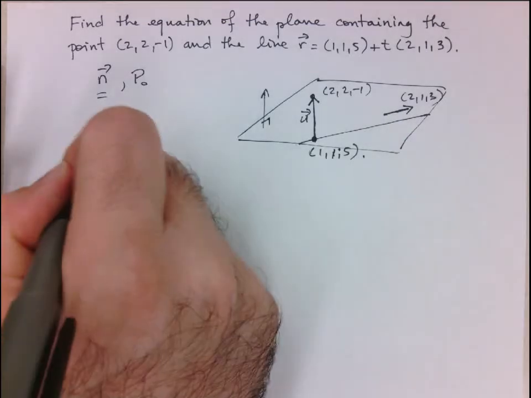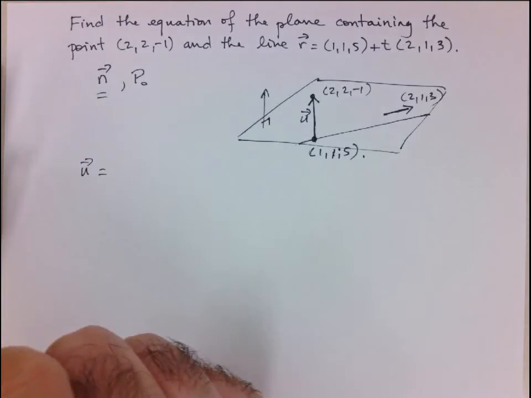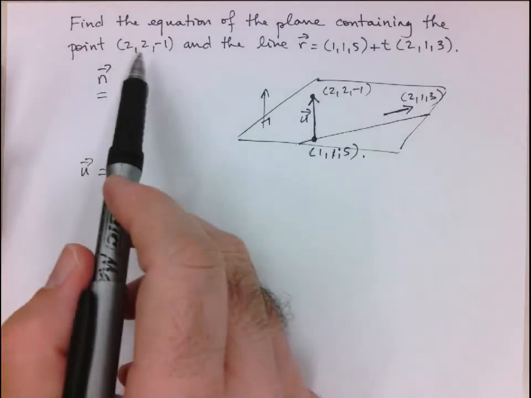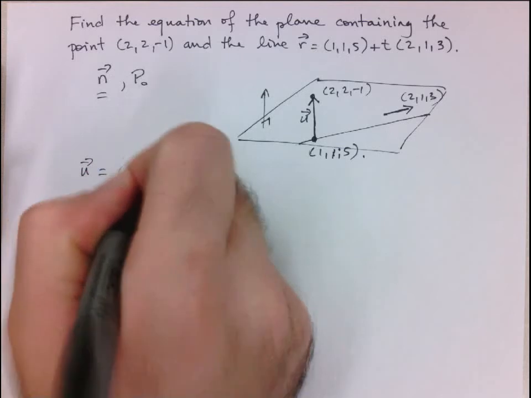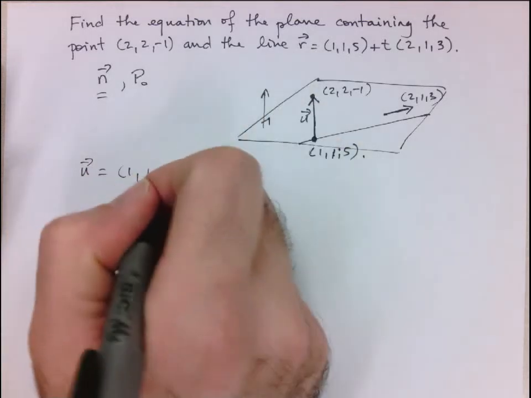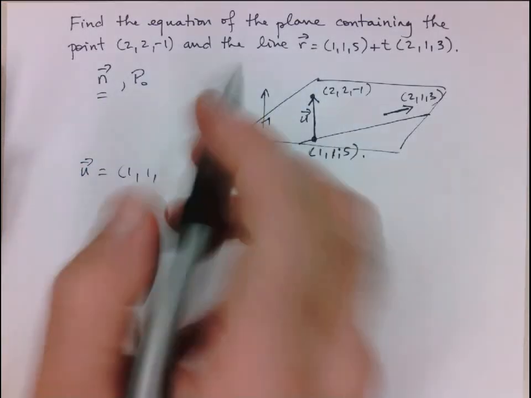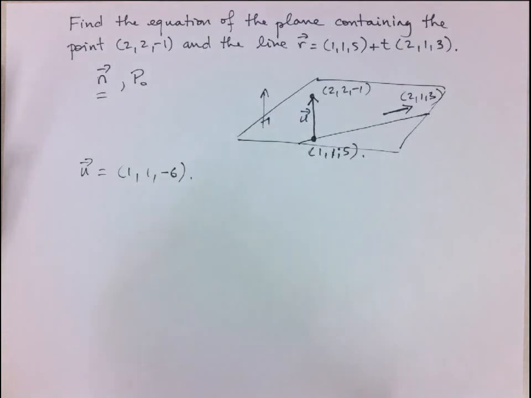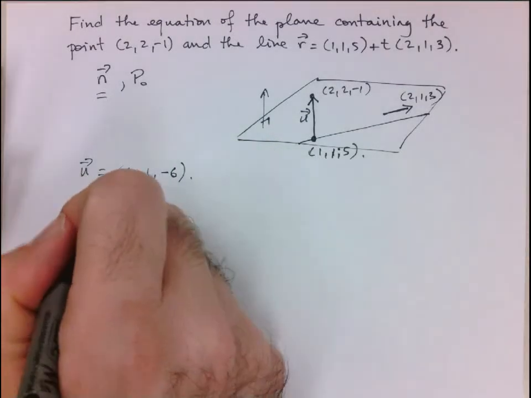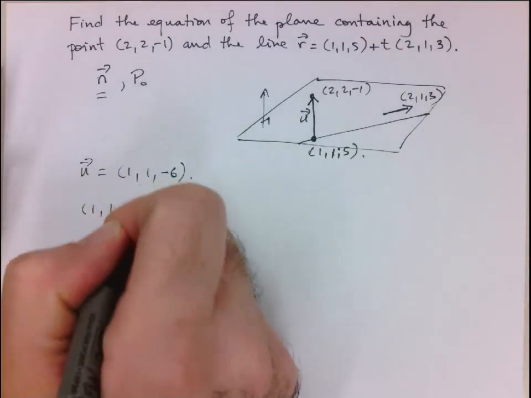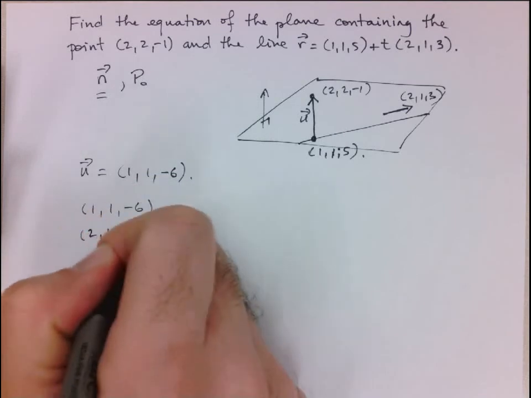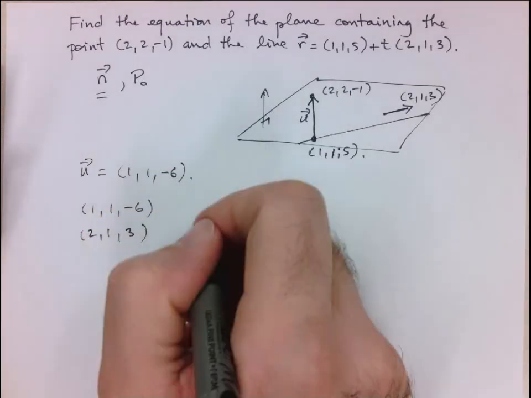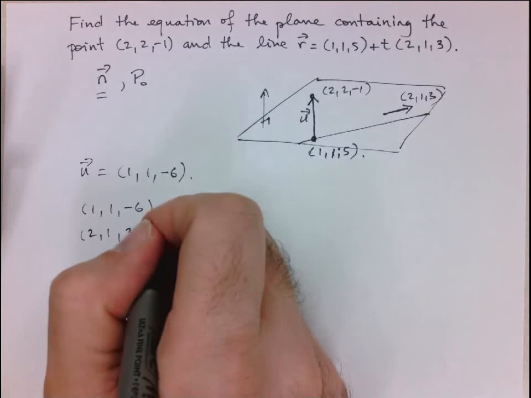So let's start by finding this vector that I called U. I'll go in this direction. I'll do 2 minus 1 is 1, 2 minus 1 again is 1, and negative 1 minus 5 is negative 6. So now I'll take the cross product of 1, 1, negative 6 with the direction vector 2, 1, 3, and that'll produce my normal vector.